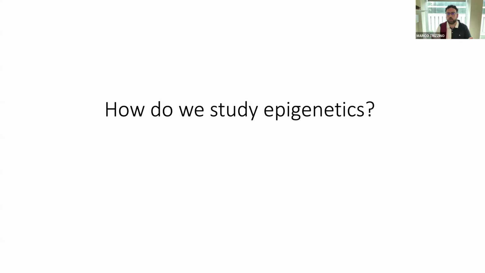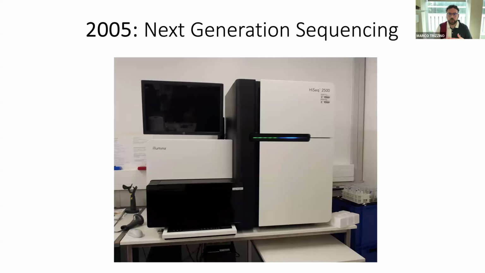But how do we study this now in the laboratory? How do we know all of those things? So we didn't know much until 2005, right? We knew some specific examples of single loci, single genes. We characterized some of them really well, but we didn't know pretty much anything on most of the genes and their regulation.